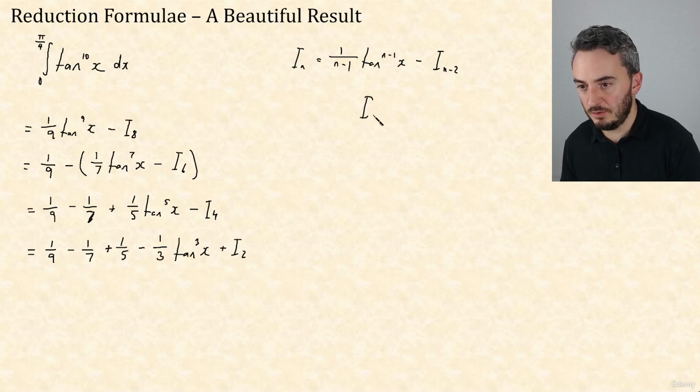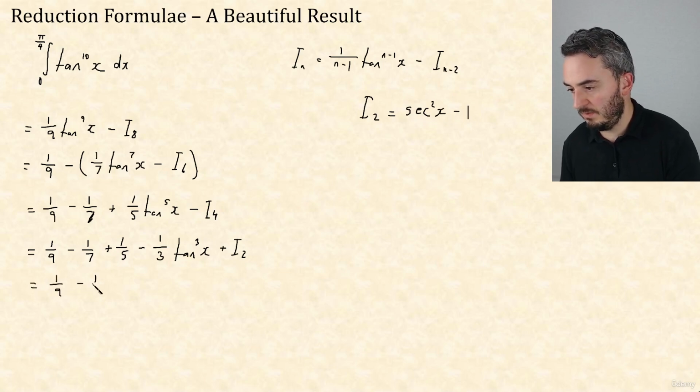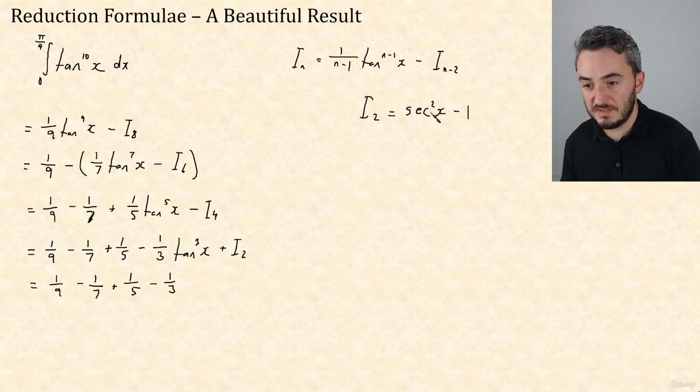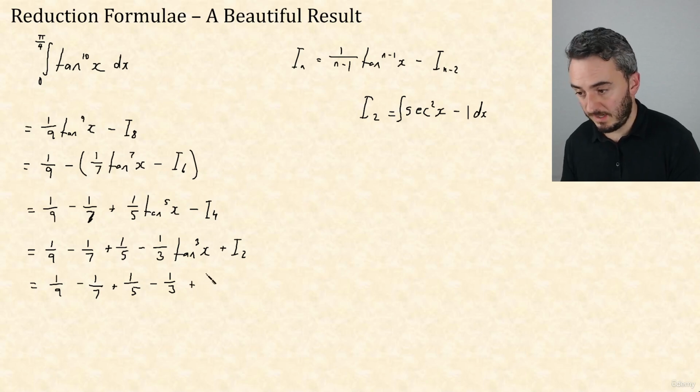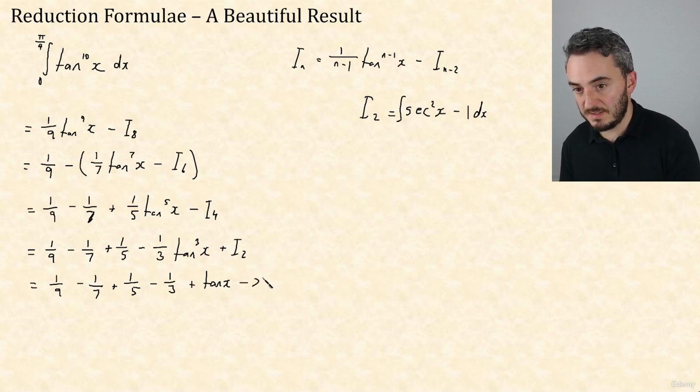Well, I_2 is the integral of tan squared x, and let's call that sec squared x minus 1. So we've got 1/9 minus 1/7 plus 1/5 minus a third, because you just get 1 from this, plus the integral of that. Now, the integral of sec squared x is tan x, and the integral of 1 is x, so we've got a minus x there.